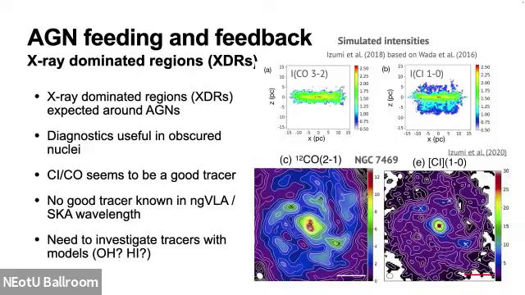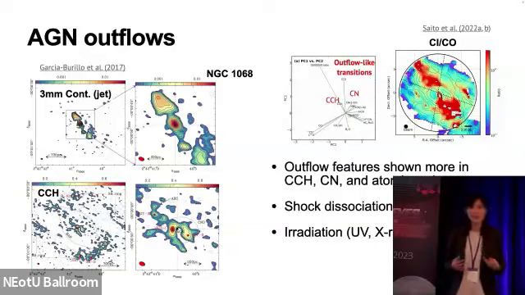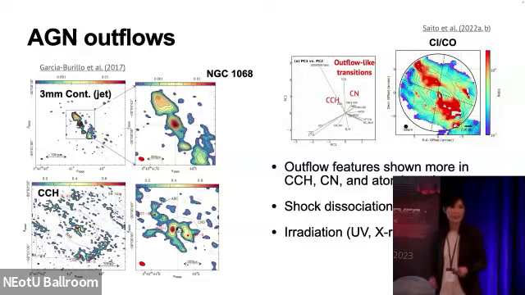That's a job for theoreticians. AGNs also launch outflows. This is the 3mm continuum that's actually mostly synchrotron for this galaxy, and around that, molecules like CCH, CN, and atomic carbon are enhanced. That may come from shock dissociation or some irradiation.